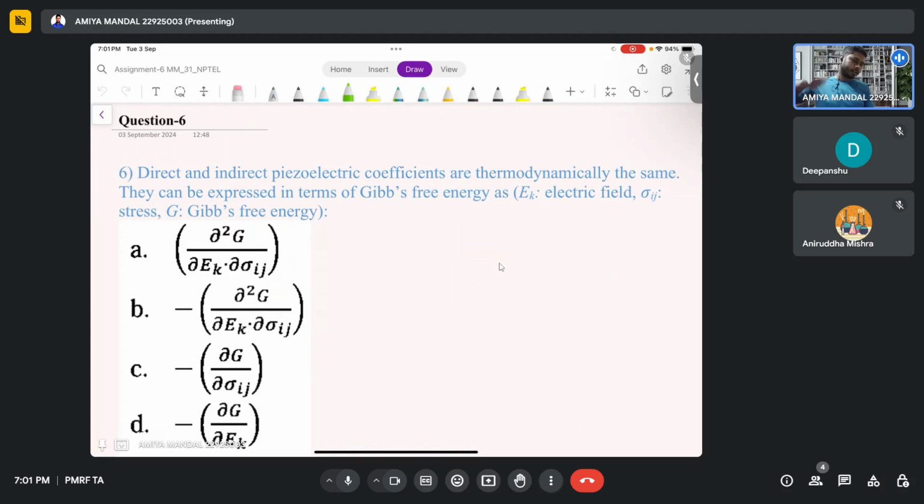Direct and indirect piezoelectric coefficients are thermodynamically the same. They can be expressed in terms of Gibbs free energy.